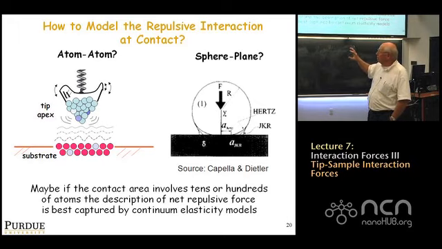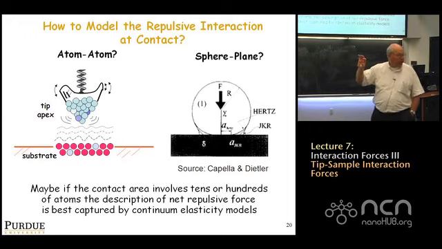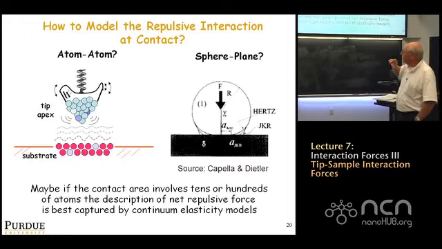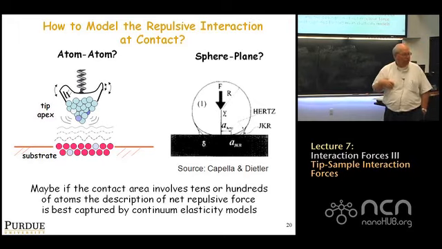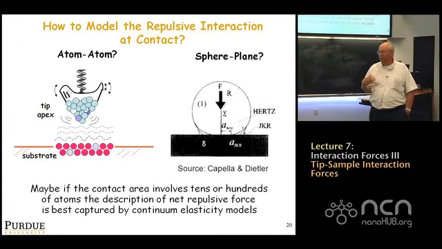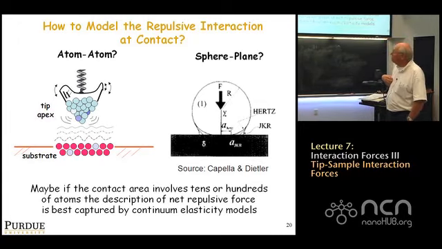Our friends in the engineering community say, well, maybe, if the contact between the tip and the substrate involves tens or hundreds of atoms, if there's a macroscopic number of atoms involved, then maybe we can just use continuum models. We can model the tip as a continuum sphere. We can model the substrate as a flat plane.